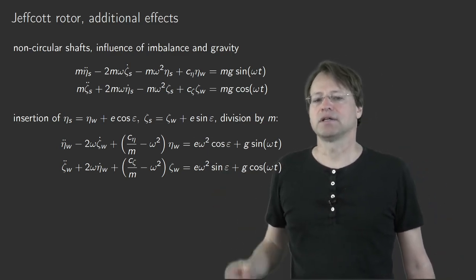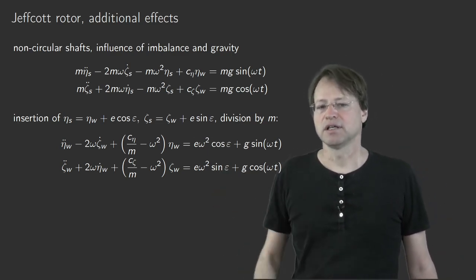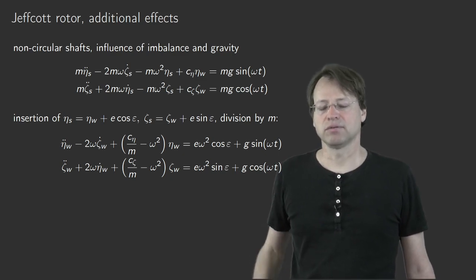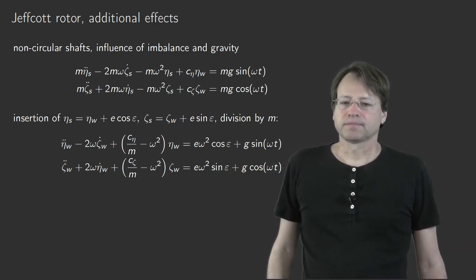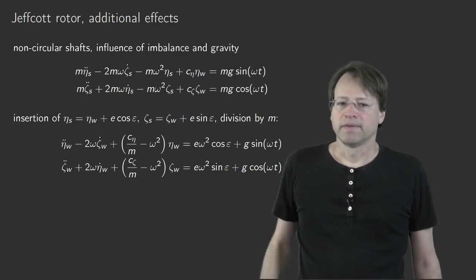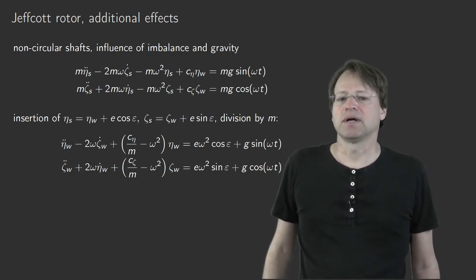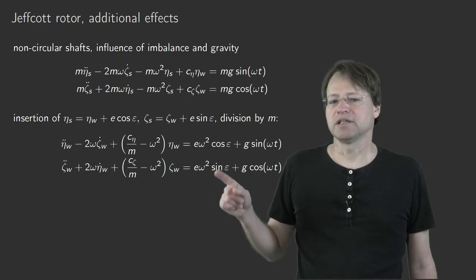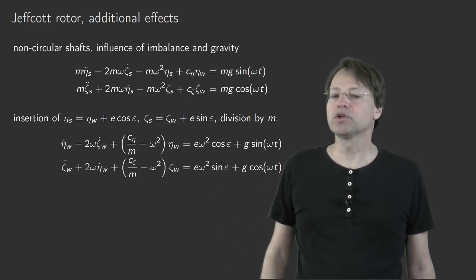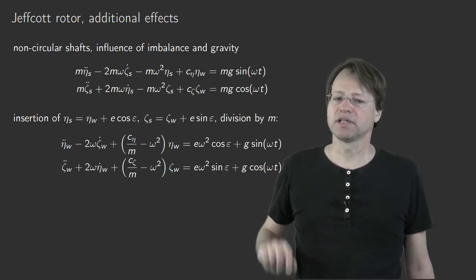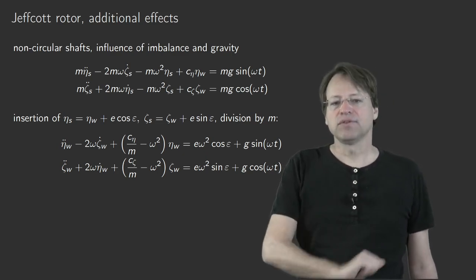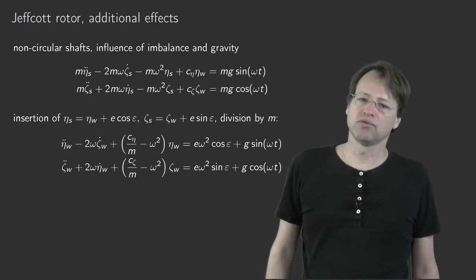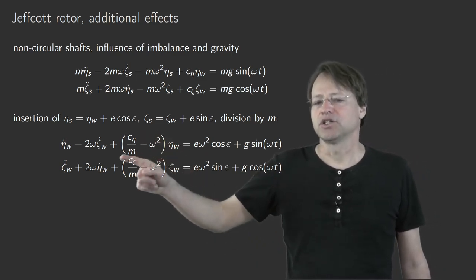And the cosine epsilon and the sine epsilon are just directions that are fixed once and for all times. Well, that's perhaps the reason why I did not start with that equation from the very beginning. We could have used that equation, in body-fixed coordinates, to study the classical Jeffcott rotor. But the derivation of the equations of motion is a little bit more involved, and the equations are coupled.